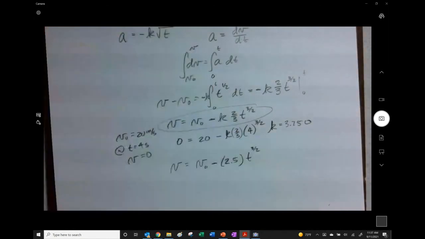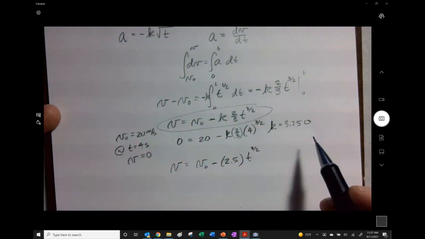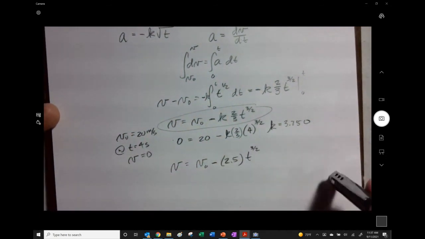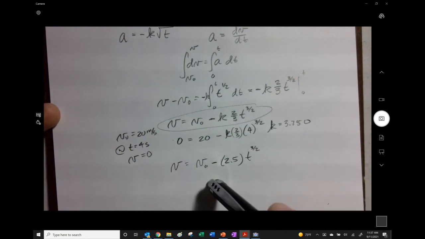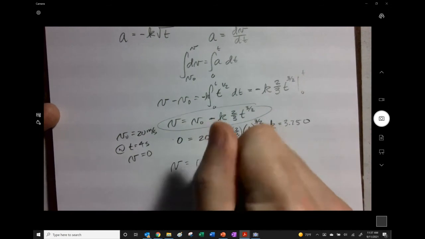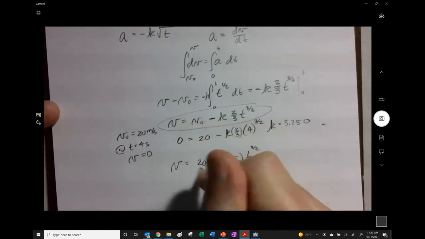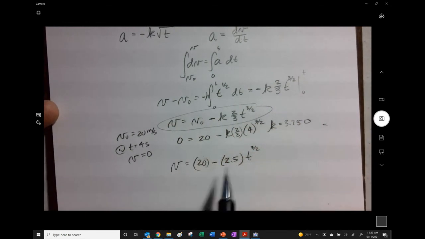So if we want to, I guess we want to put 20 in there as well. Let's put 20 in there because that's for us. That's when this k is constant, right?